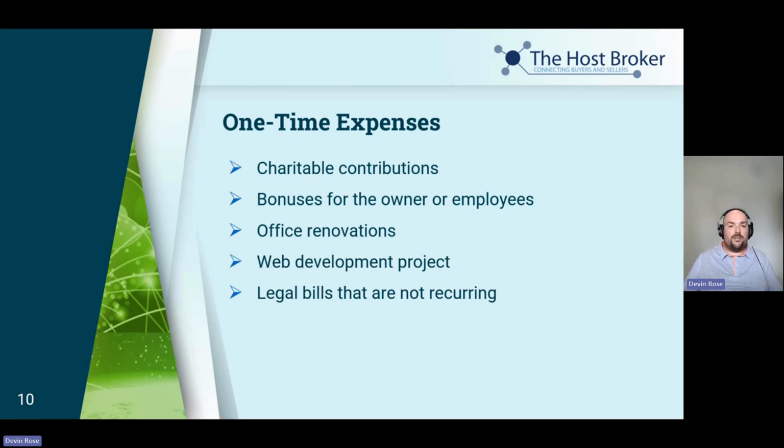But for the most part, if it's non-recurring bonuses for either the owner or the employees, then those would be added back. One-time office renovations, one-time website redesign projects, or any legal bills that are not recurring. These would all be expenses that the buyer wouldn't expect to have in the future, so we can add those back.